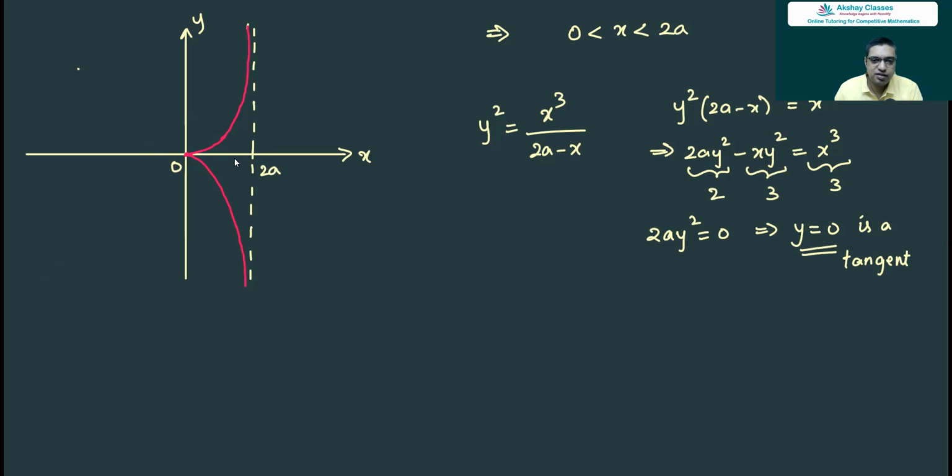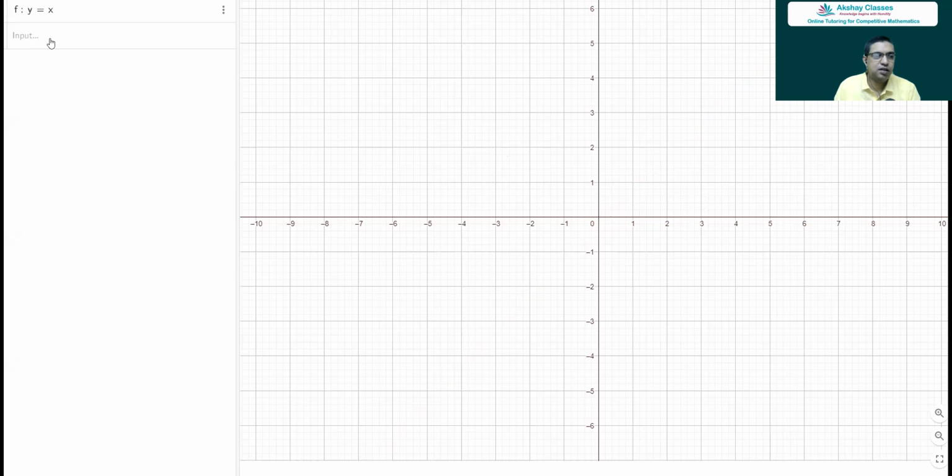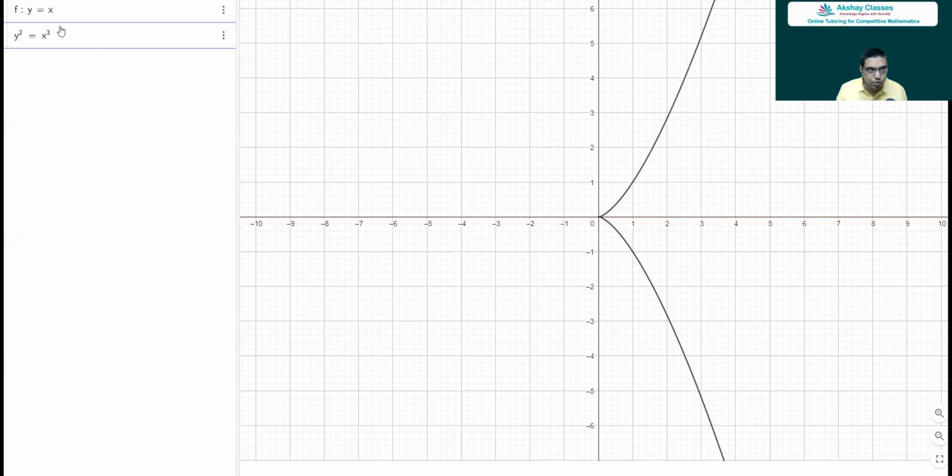And we can cross check this. Let's see whether we can plot y square equal to x cube divided by 2a minus x.